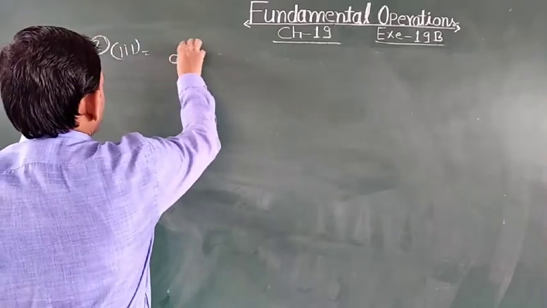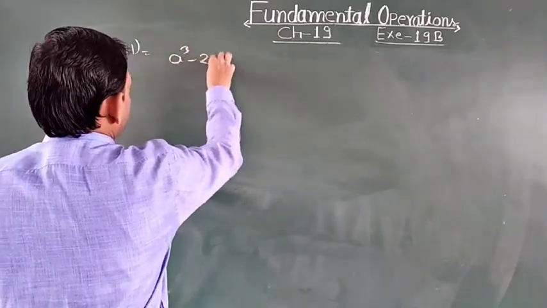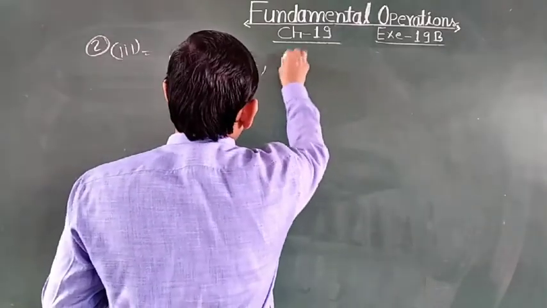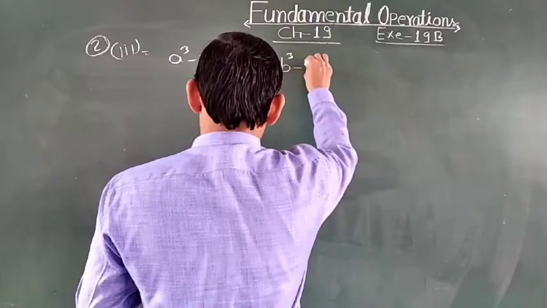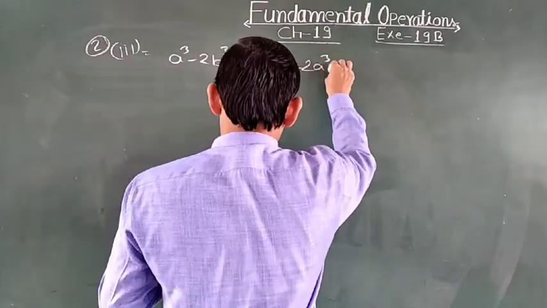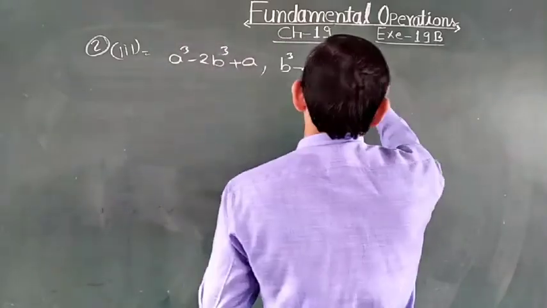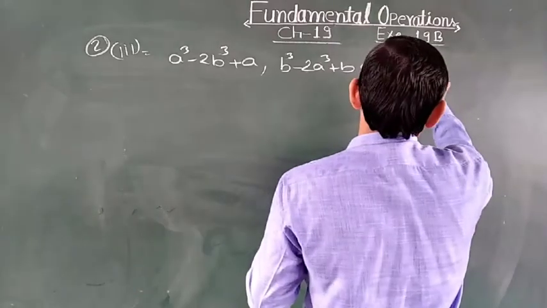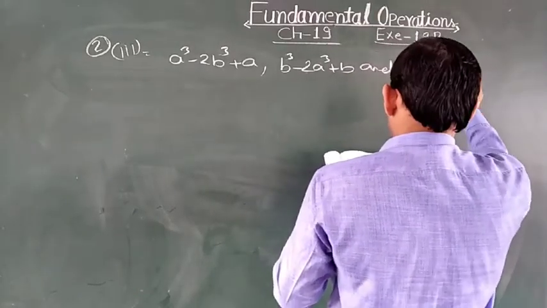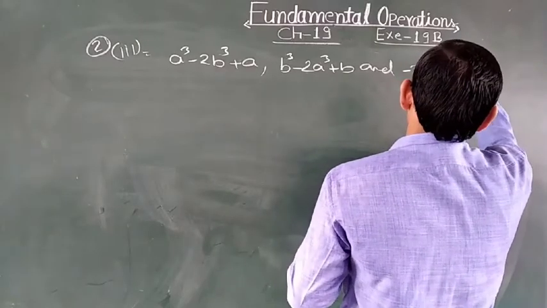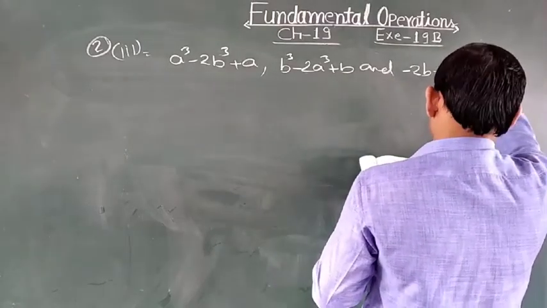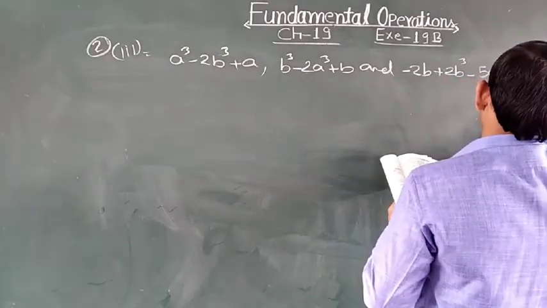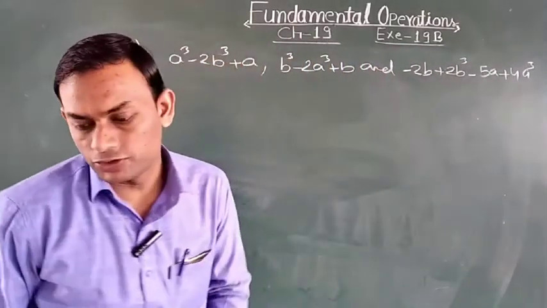Here it is written a cube minus 2b cube plus a, and b cube minus 2a cube plus b, and minus 2b plus 2b cube minus 5a plus 4a cube. This is the question which you have to solve.